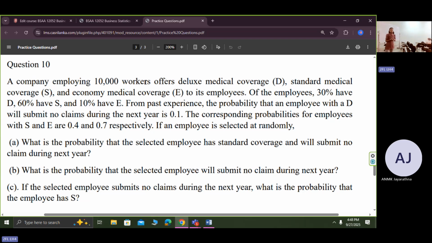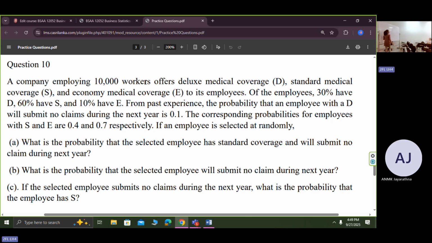Okay, the next one asks, what is the probability that the selected employee will submit no claim during the next year? There are three separate events. Then we have the probability of no claims, and here we can find 0.03, here 0.24, here 0.07.